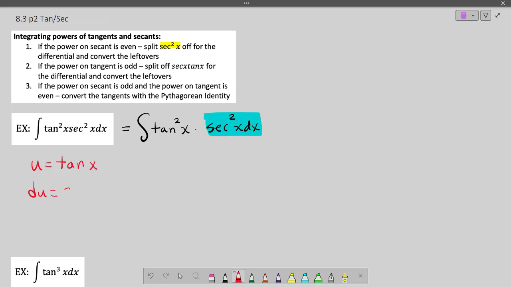We didn't have any leftovers. We took all the secants that were present and they became part of the differential here. So we're going to end up with just u squared du. Right? Not too bad. So this will be 1/3 u cubed plus c.